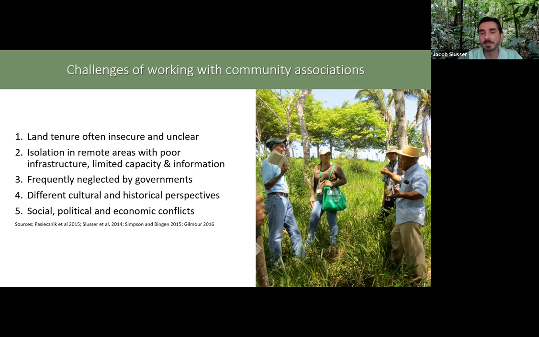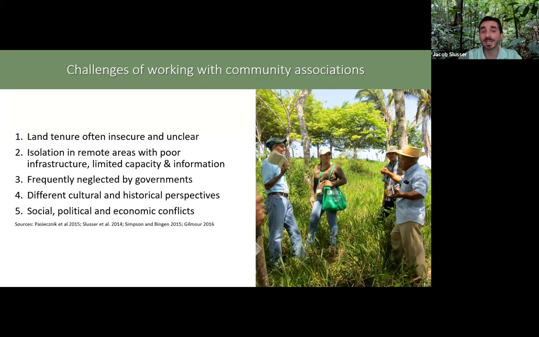And associations sometimes operate in relative isolation in remote areas with poor infrastructure, have limited access to markets, business development, and financial services, as well as limited capacity or technical knowledge and sources of information due to that isolation.